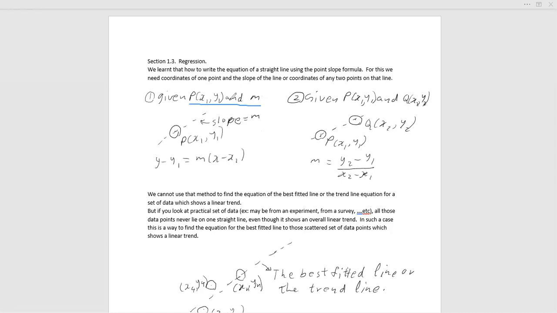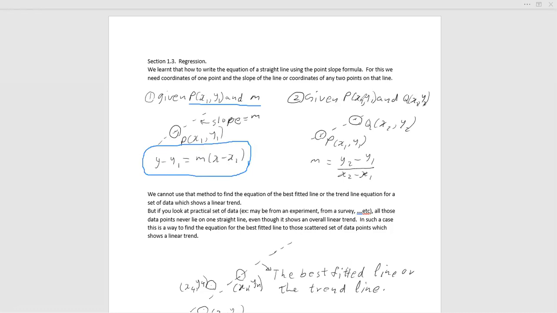Once we have that information, we can write the equation of the line using the point-slope form of the equation: y minus y1 equals m times (x minus x1). We learned this; I'm just reminding you. In case we do not have the slope directly, we have to find it indirectly.